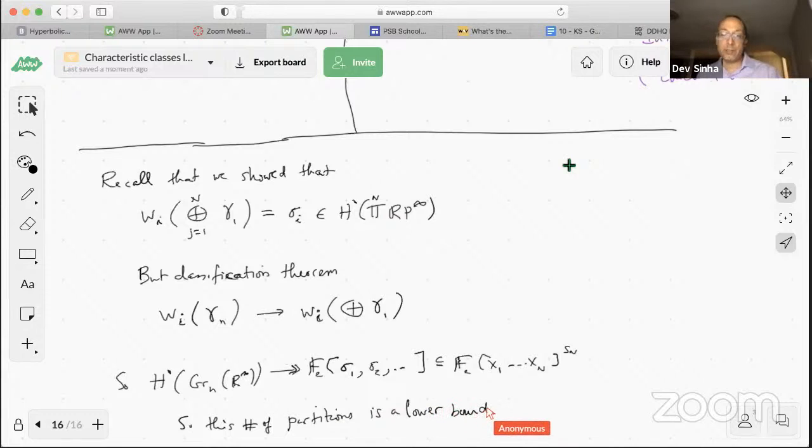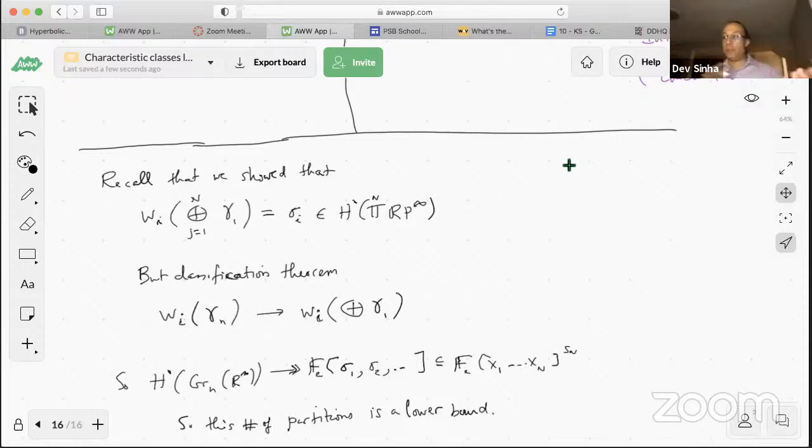You can't surject onto something with lower rank, and this polynomial algebra in sigma 1, sigma 2 has rank 1 in degree 1, you just have sigma 1. Rank 2 in degree 2, you've got sigma 1 squared and sigma 2. 3 in degree 3. 5 in degree 4, because you've got sigma 1 to the 4th, sigma 1 squared sigma 2, sigma 1 sigma 3, sigma 2 squared, and sigma 4.